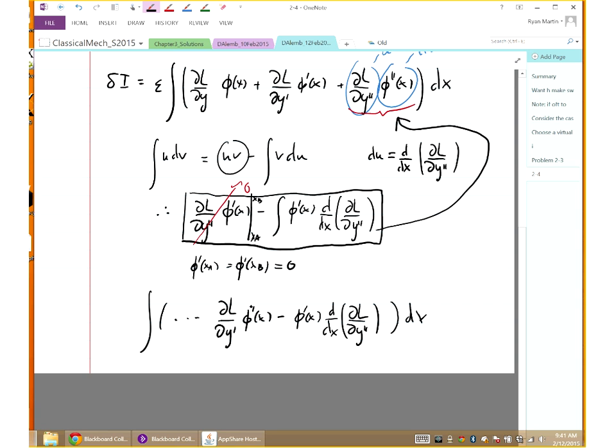So you'll be able to factor out the phi prime of x here, and then you handle these 2 terms by parts again, with dv equals phi prime of x.